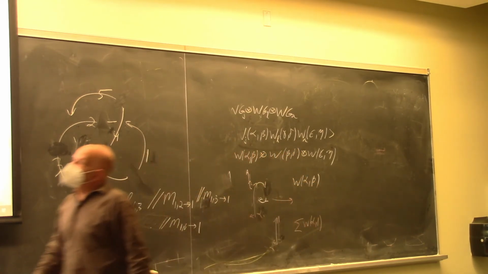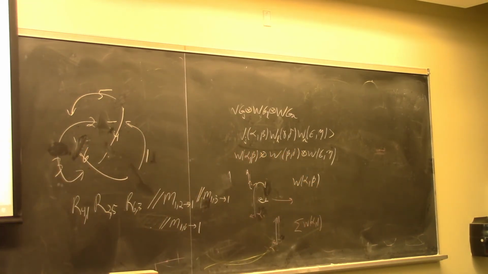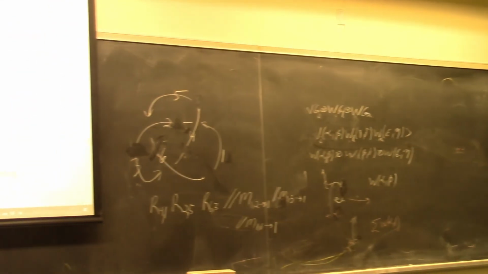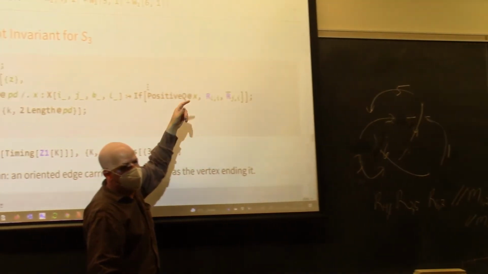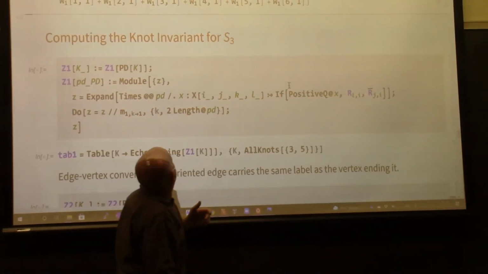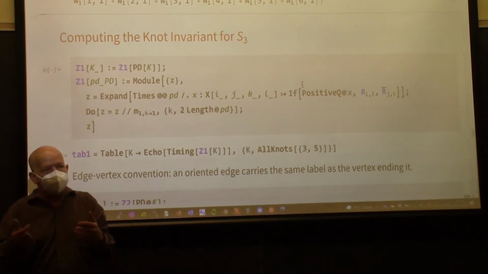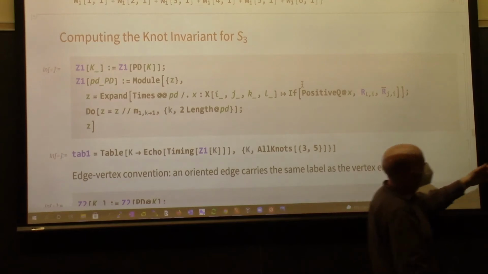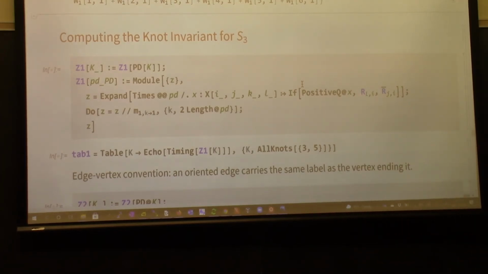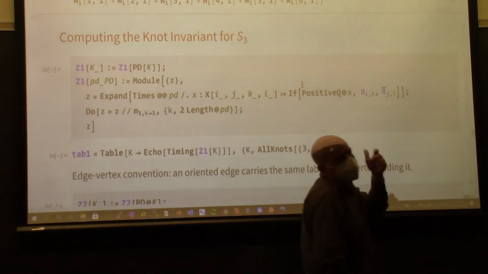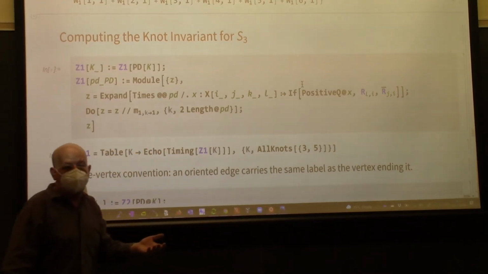So that's exactly what the program does. First of all, it sees a crossing. The program asks if a crossing is positive or negative, and you can figure it out from the orientation of the lines, but it's pre-written, so it's a waste of your time, so I'm not showing you.